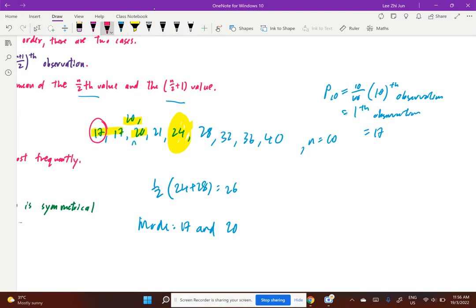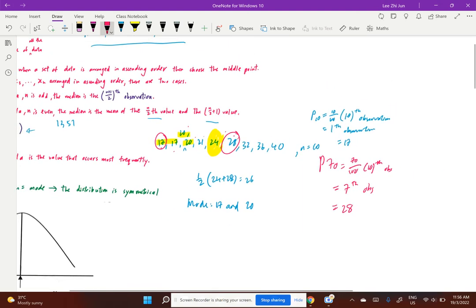Another example, if I want to calculate the 70th percentile, it will be the 7th observation. So 1, 2, 3, 4, 5, 6, 7. The number will be 28. This is what the percentile means.